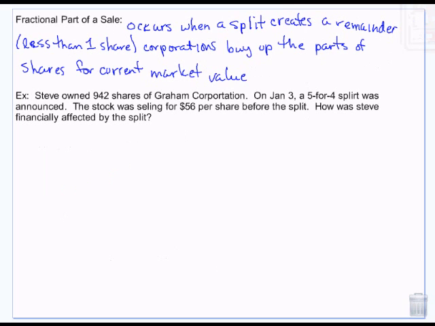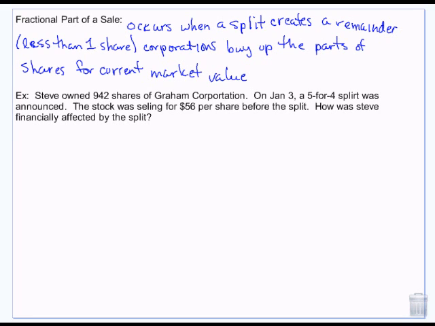A fractional part of a share occurs if it's not an even split and the split creates a remainder, so less than 1 share. That can occur on a 1 for 2 split because you're taking 2 and turning it into 1. If I owned 7 and 2 become 1, I now have 3.5.